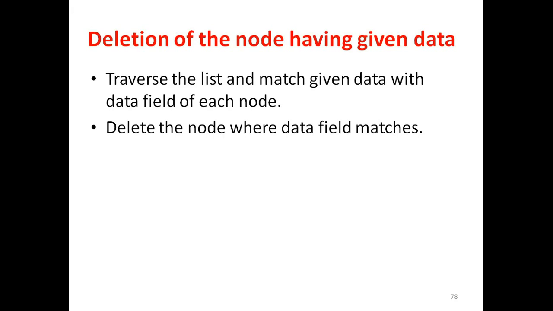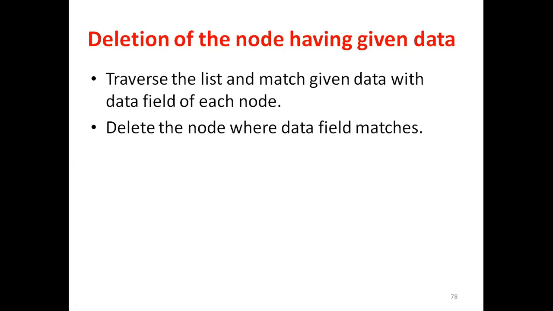But in this concept, deletion of the node having given data, you have to delete the node where the given data is matching. That means you have to search for a node whose data field matches the given data, and after that you can delete that node. This can be done in a singly linked list and a doubly linked list also.